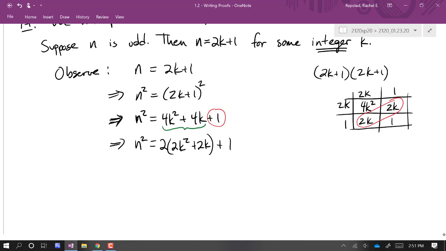If you take an integer and multiply it by 2, it's an integer. You're not going to create a fraction by doubling an integer. If you square an integer, it's going to be an integer. If you add 2 integers, it's going to be an integer. So we just want to include that statement.